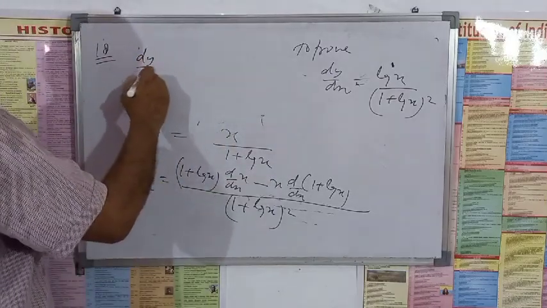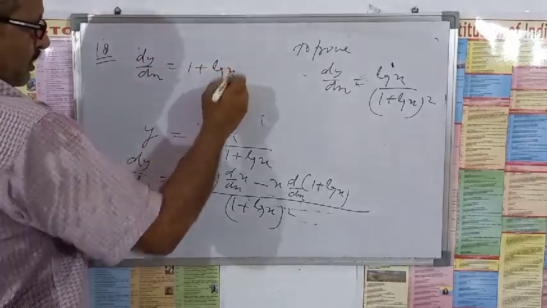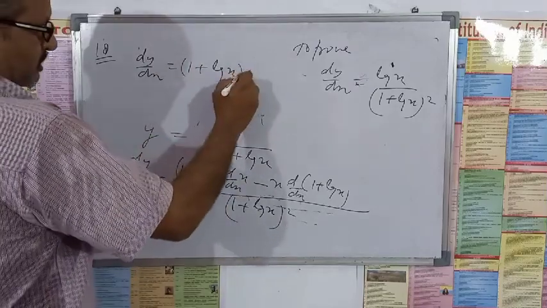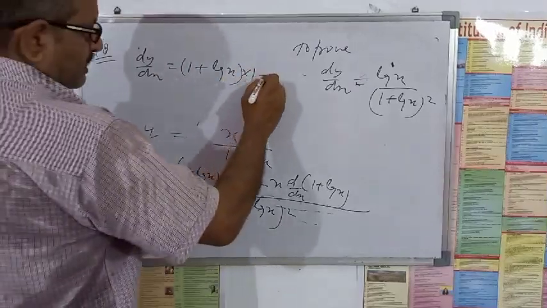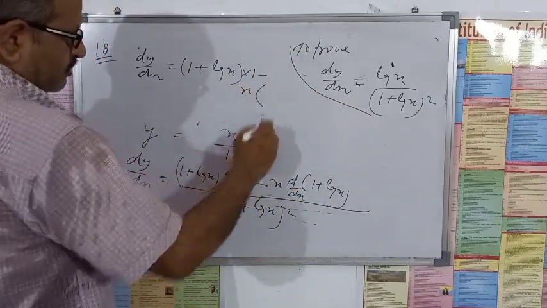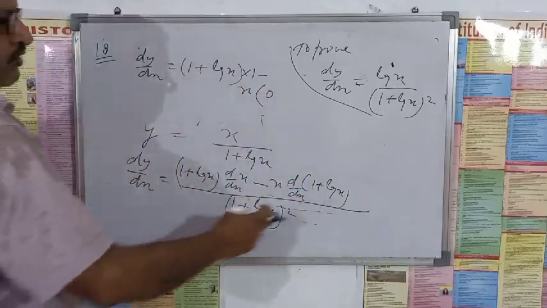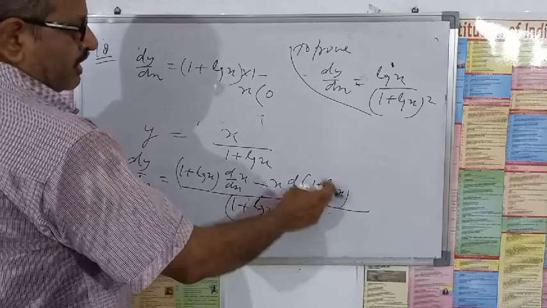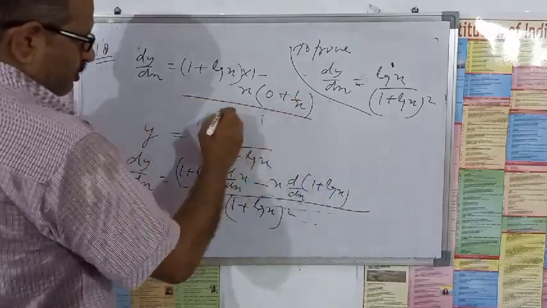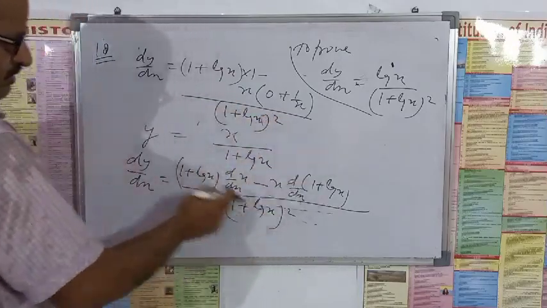Simplify it. dy by dx is equal to 1 plus log x, derivative of x is 1, so it is 1, minus x into derivative of 1 plus log x. Derivative of 1 is 0, 1 is constant, and derivative of log x is 1 by x, whole upon 1 plus log x whole square.